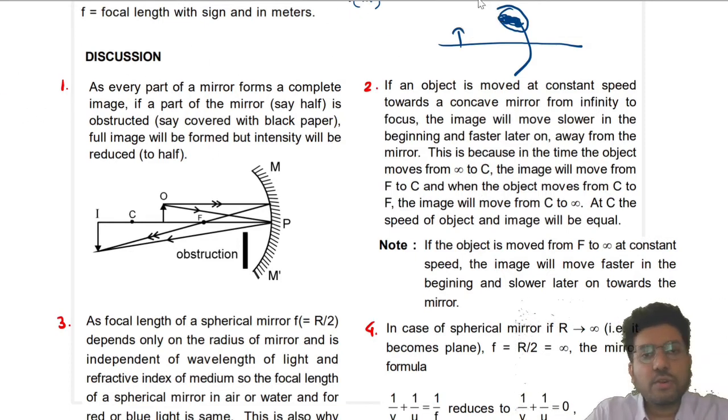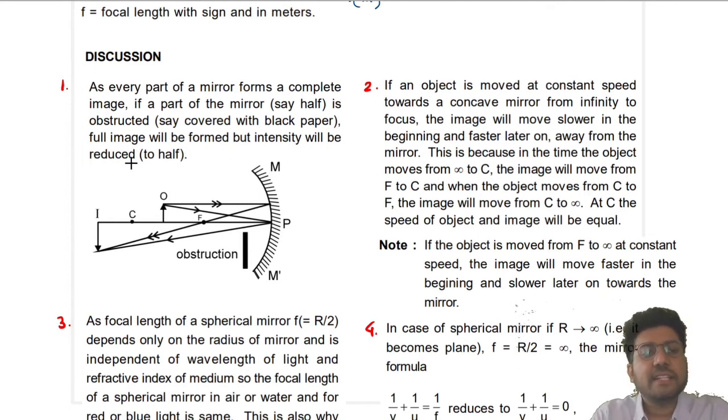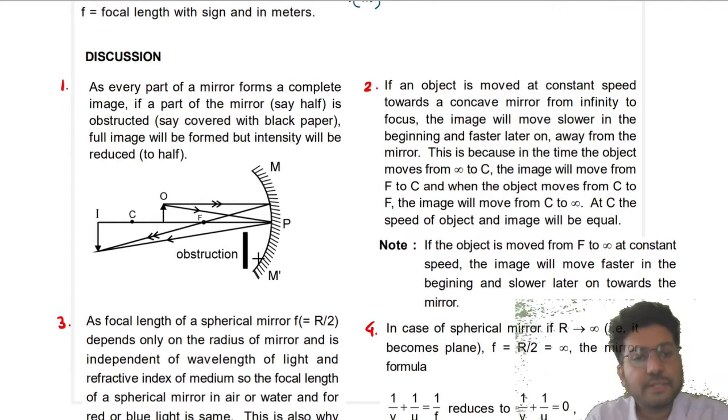So every part of a mirror forms a complete image. If a part of the mirror, say half, is obstructed or covered with black paper, the full image will be formed, but the intensity will be reduced. Yes, if half of it is covered, then the intensity will be reduced to half, right?